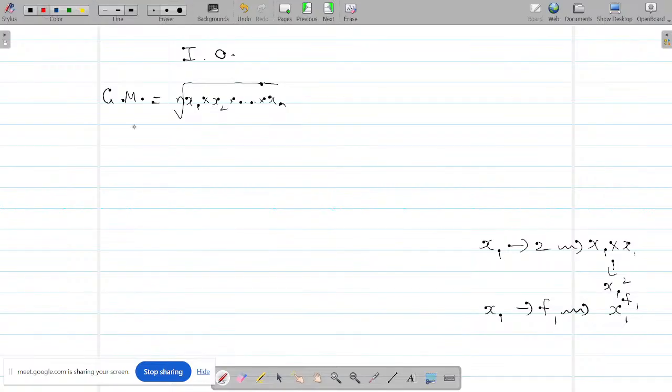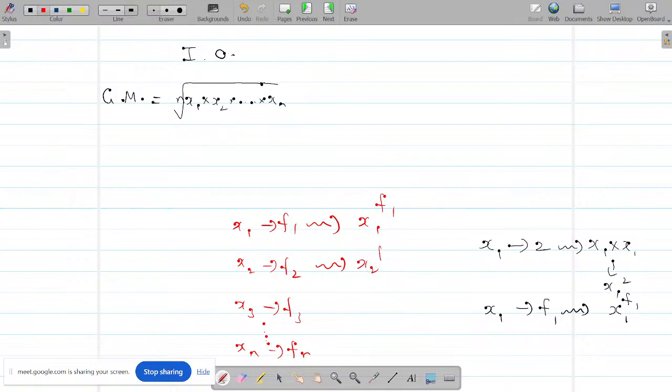Likewise, if I extend, x1 appearing f1 number of times, x2 appearing f2 number of times, x3 appearing f3 number of times, likewise xn appearing fn number of times, then I'll take this as x1 power f1, this one as x2 power f2. Why power? Because it is multiplication. If I take 2 into 2 into 2 into 2, which means 4 times, I'll not write this as 4 into 2 because it's not addition, it's multiplication.